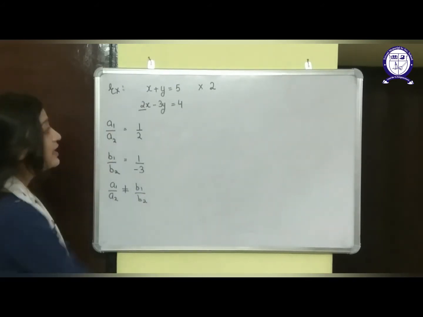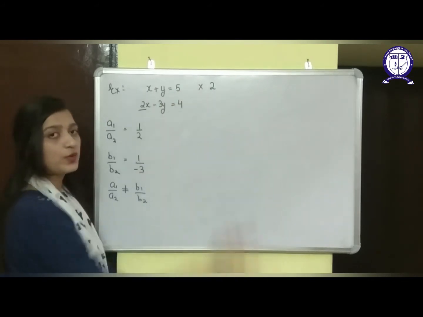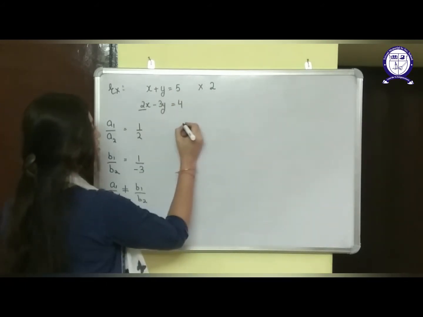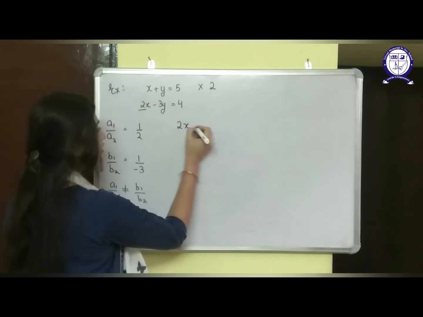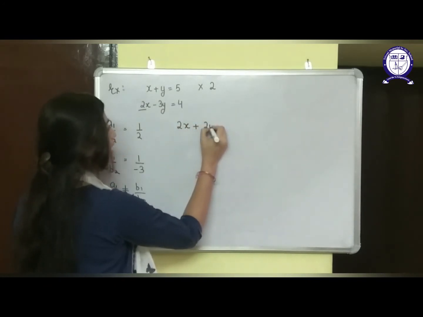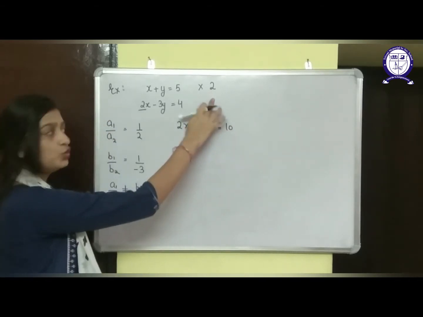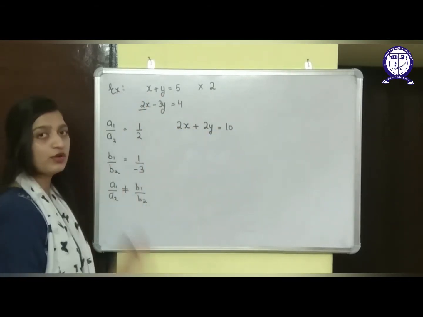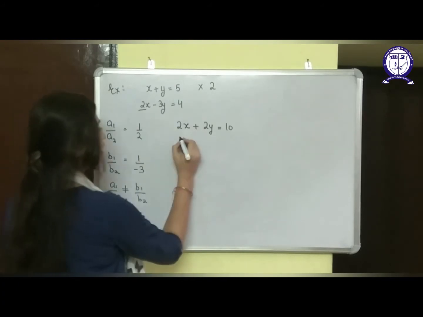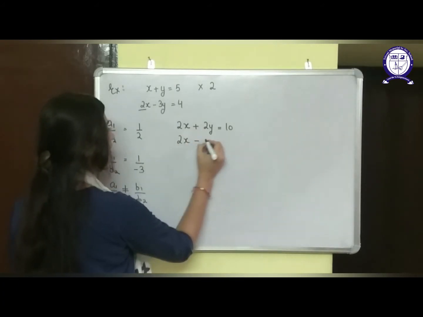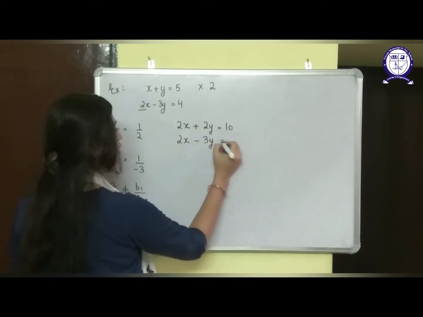So the equation becomes 2x plus 2y equals 10. Always multiply the 2 with every term of the equation. Now the second equation is 2x minus 3y equals 4.